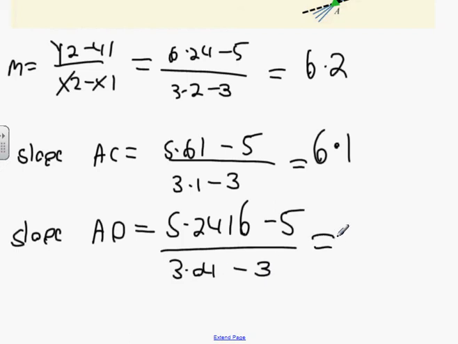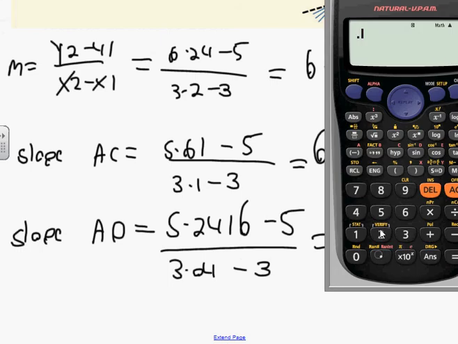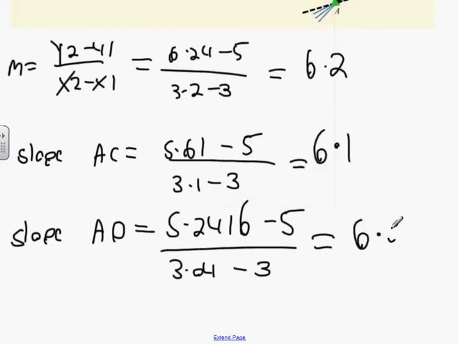Now let's see what the slope is this time. Okay, so what's it going to be? 0.2416 divided by 0.04, and this time the slope is 6.04. Okay, so 6.04. What's happening every time?